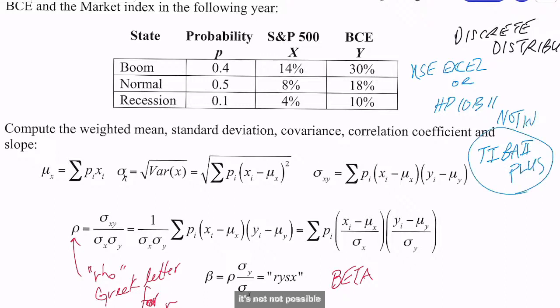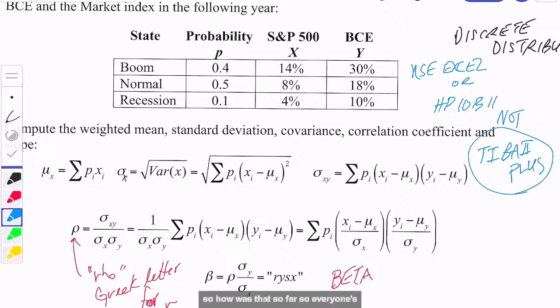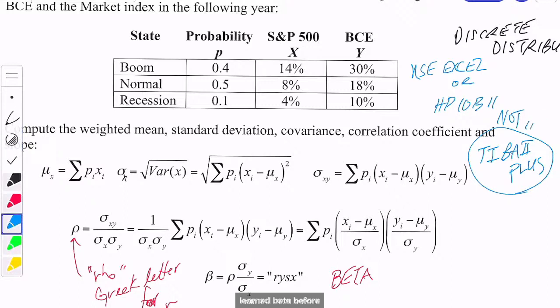It's not possible. So, how is that so far? So everyone's learned beta before? So I can just zoom through the next stuff.